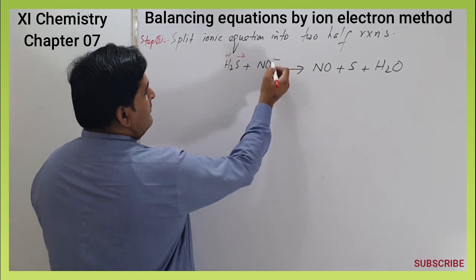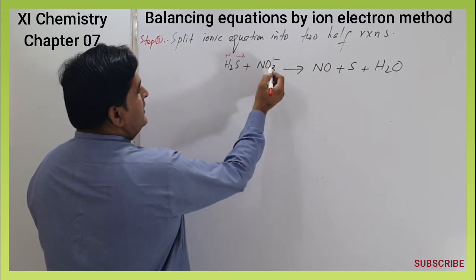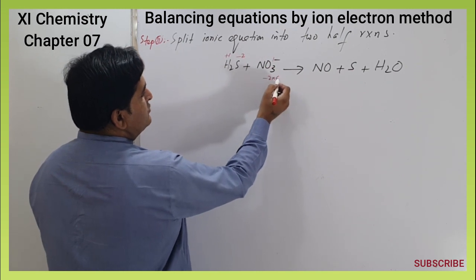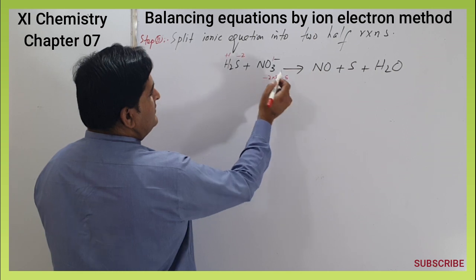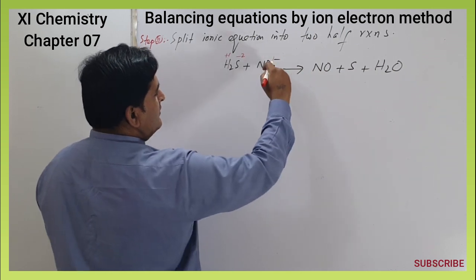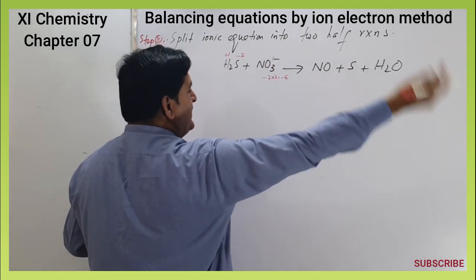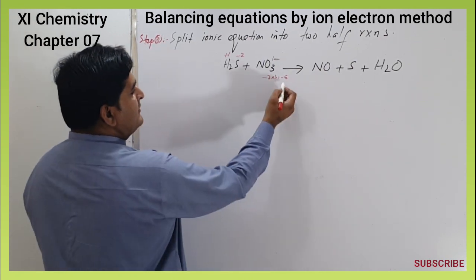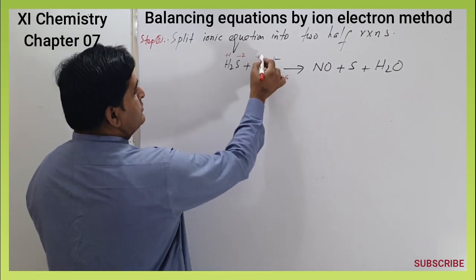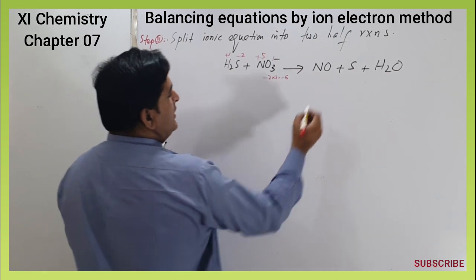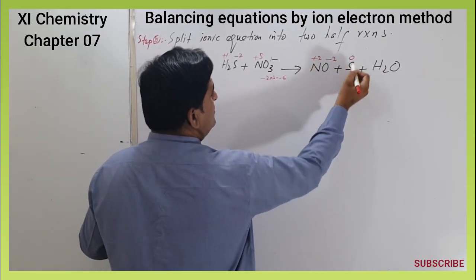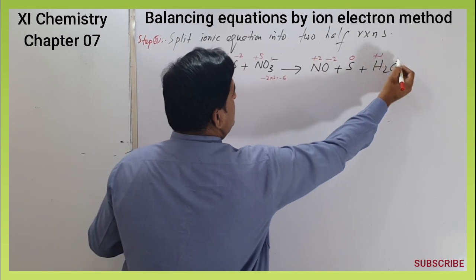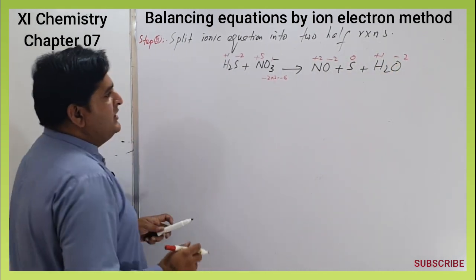There is a 1 minus charge on the nitrate ion. Oxygen is -2, -2 times 3 is -6. On the right-hand side it becomes +6, +6 minus 1 is +5. So nitrogen here is +5, oxygen is -2, nitrogen in NO is +2, sulfur is 0 as it is elemental, hydrogen +1, oxygen -2.